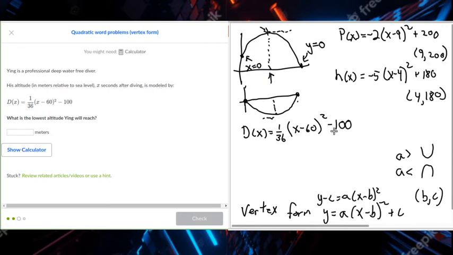So my vertex is going to be at (60, -100). What is the lowest altitude Ying will reach? Well, at 60 seconds, he's going to be at -100. And the question is, what's the lowest altitude? What is this y value? It is right here at -100.